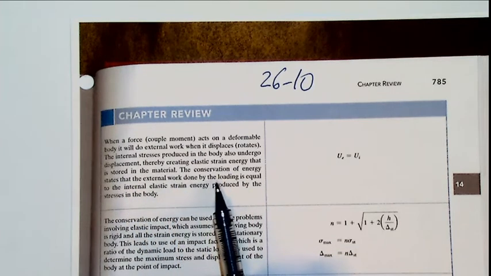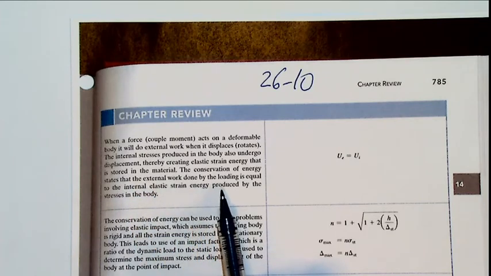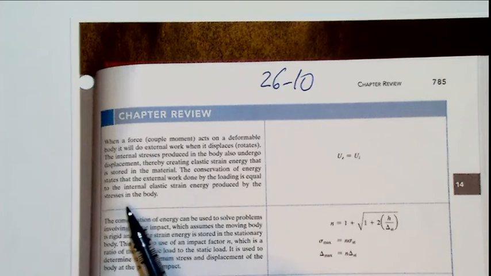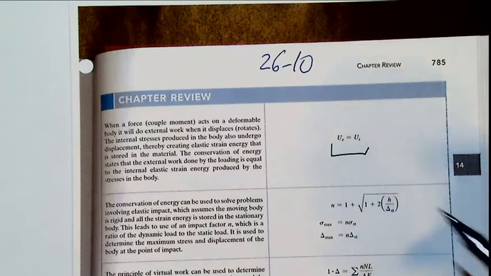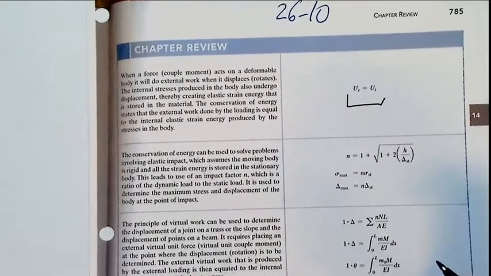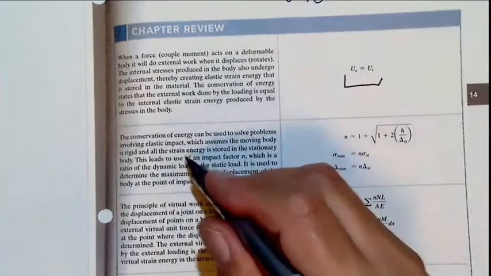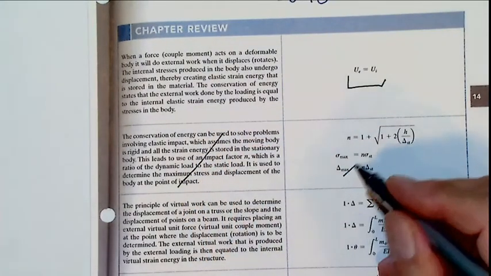The conservation of energy states that the external work done by loading is equal to the internal strain energy produced by the stresses in the body. That is this one. With elastic impact we did not consider, so we do not consider this.